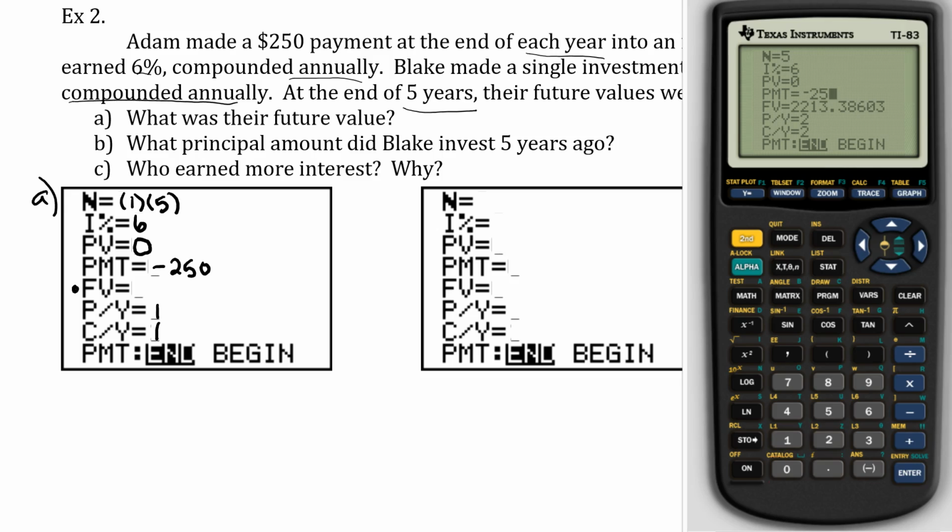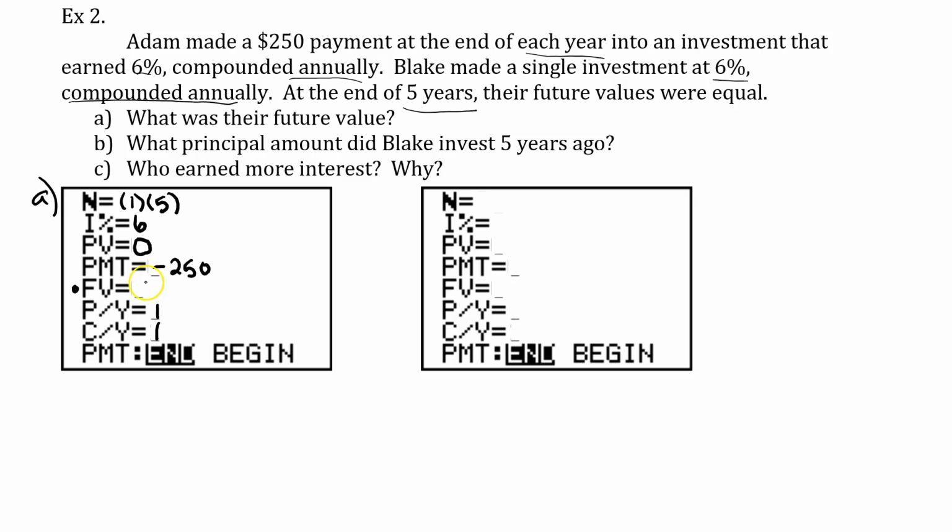Negative $250 is the payment. We're going to solve for the future value, and we know that the payments per year and compounding periods per year is just 1. So we're going to solve for a future value as indicated by this little dot there. Alpha, enter, and we get $1,409.27.